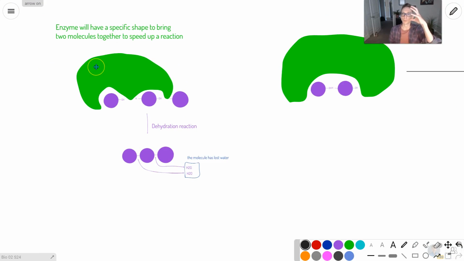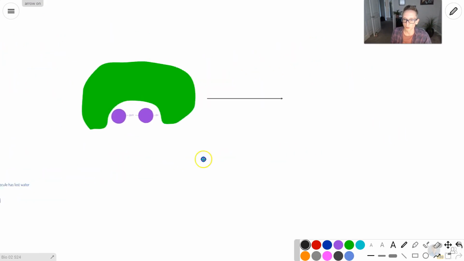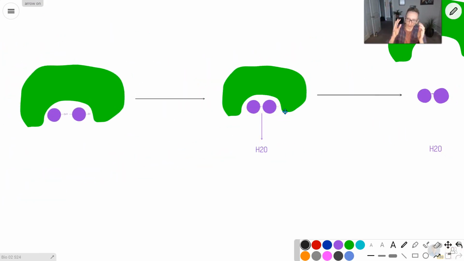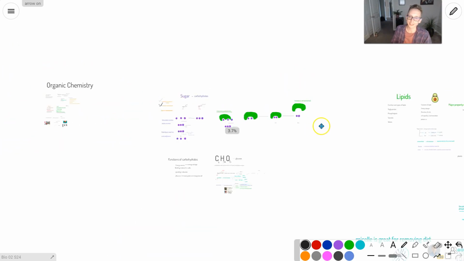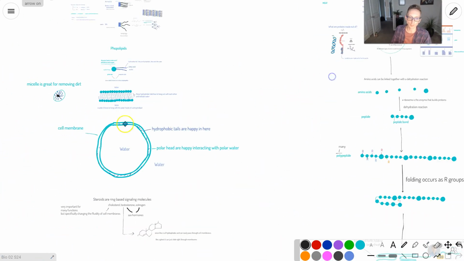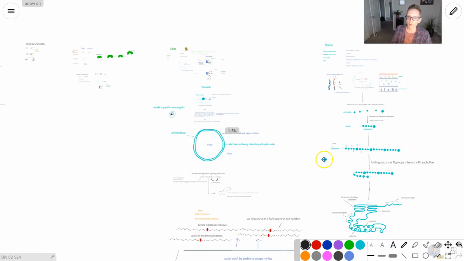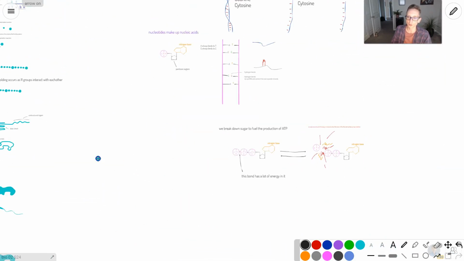And it would release all that energy to cause this shape change to smush these two sugars together to make a polymer. That's just one thing that ATP is used for. Copy DNA, pump things across the cell membrane. ATP is the fuel source of cells.